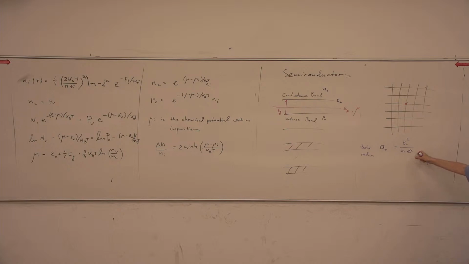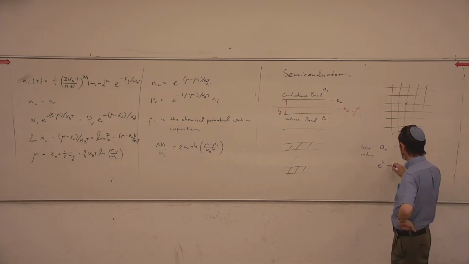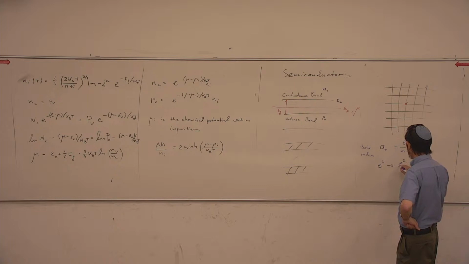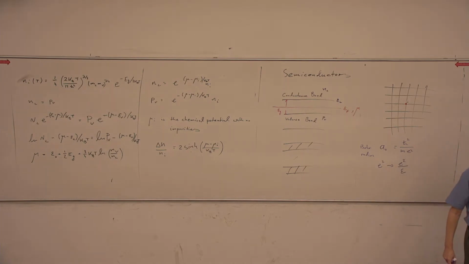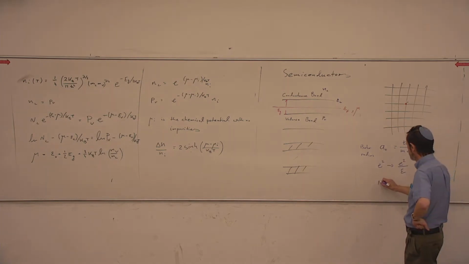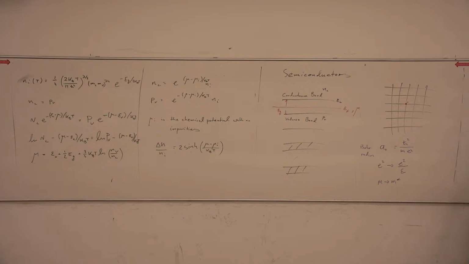The electron charge, which now should be replaced by e squared over the dielectric constant. And we have the mass, which should be replaced by the effective mass.